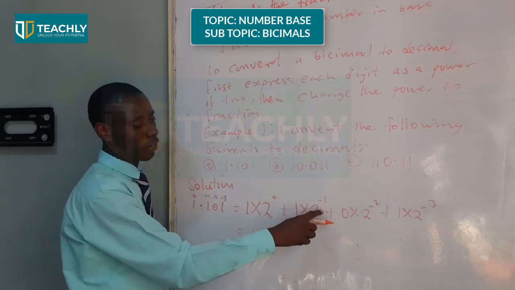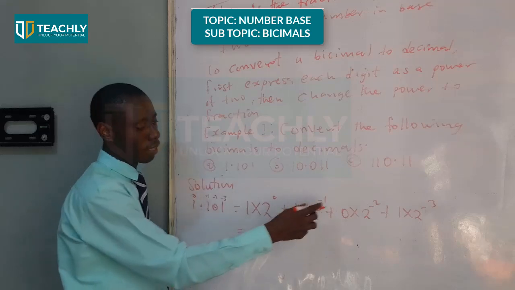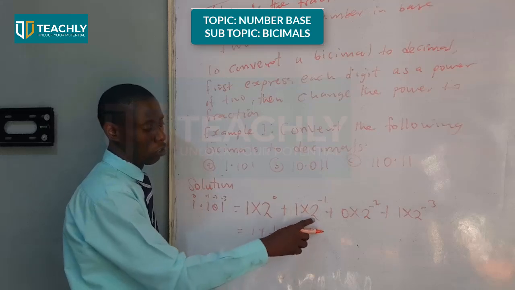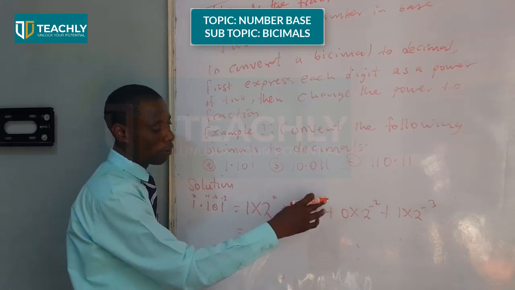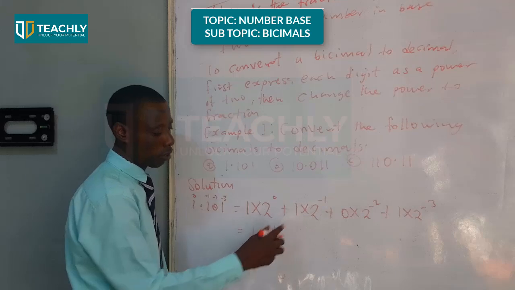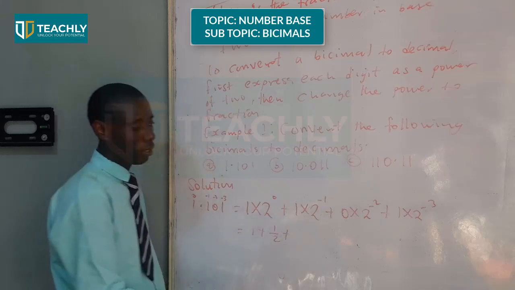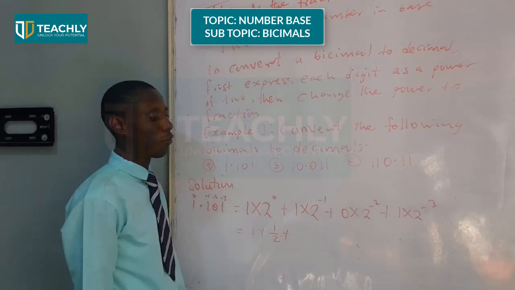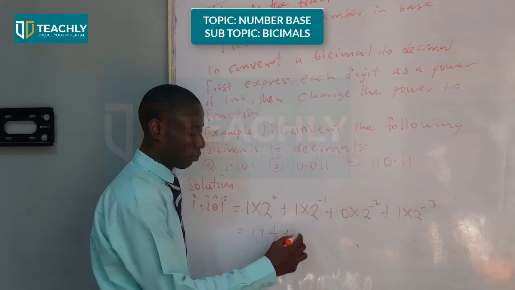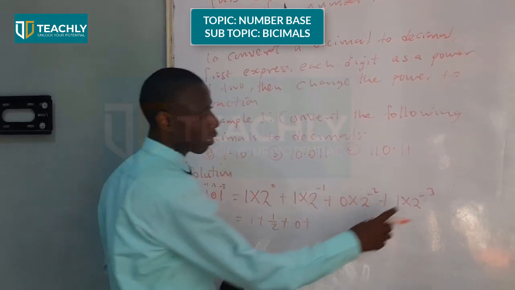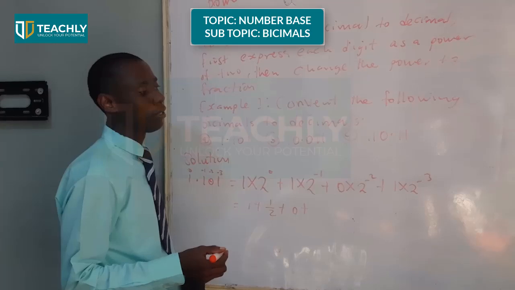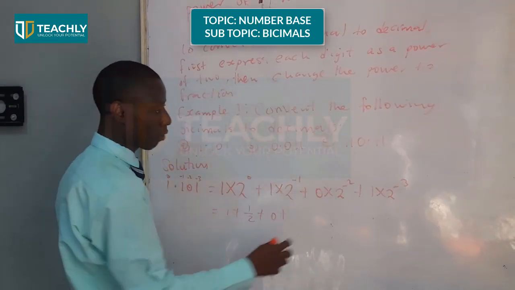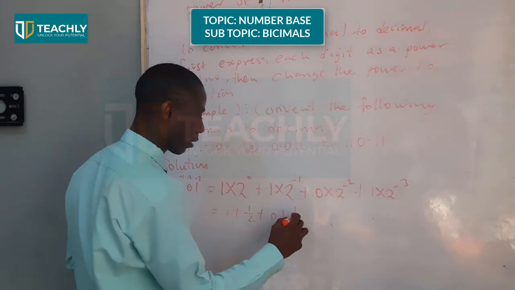Then 1 times 2 to the power minus 1 means 1 over 2, then times 1 gives us 1 over 2. 2 to the power minus 2 is 1 over 4, and 1 over 4 times 0 we still get 0. 2 to the power minus 3 means 1 over 8, times 1, we have 1 over 8.